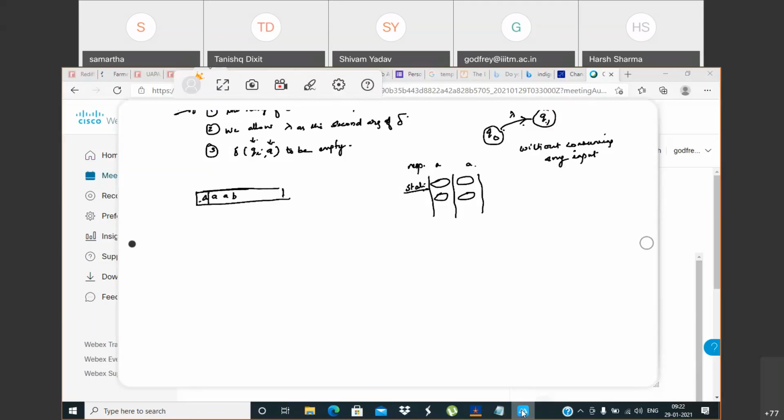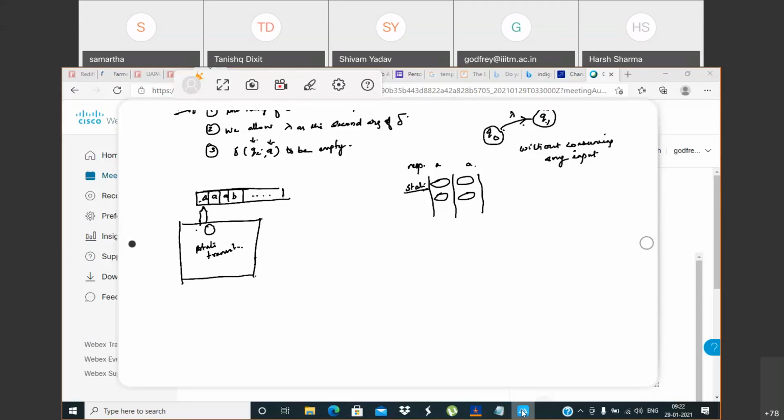Now this is present on the input tape. You have a read head, and then you have a control unit. In the control unit, you have the state transitions, and you have some state that is defined as the final state.